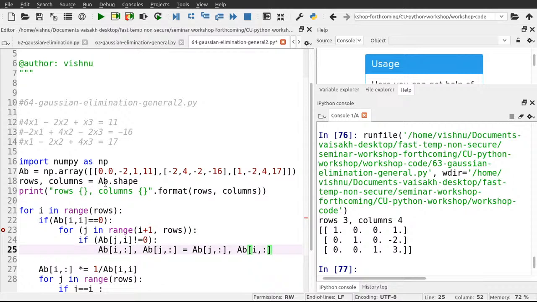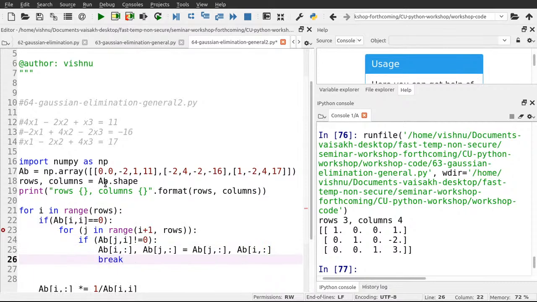Okay. So after that, once you achieve this interchanging, you should break this for loop, J in range I plus 1 to rows, because you need to go down further. You don't have to remain in this particular for loop. You need to break it.